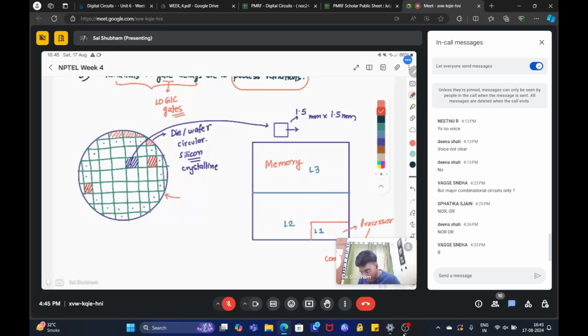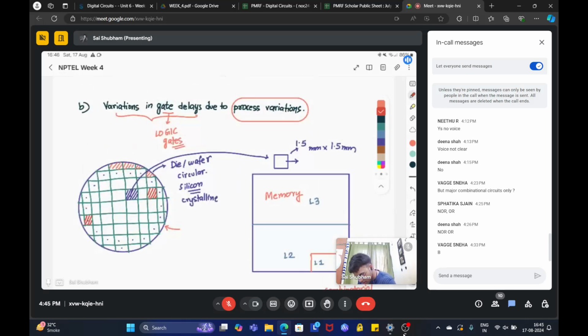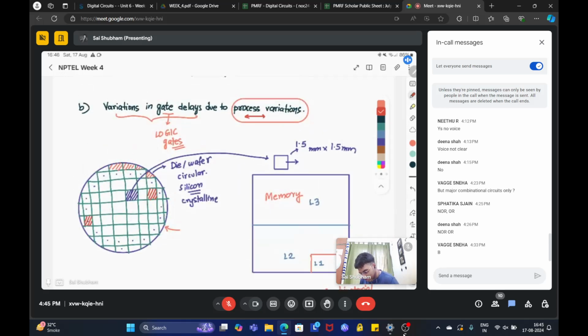It will logically perform the same, it will still give you the AND operation, but because of this process variation, there is a possibility that this AND gate behaves faster compared to the AND gate present in this chip.